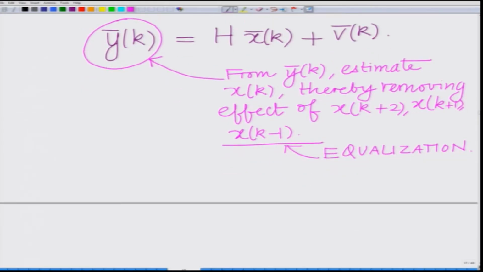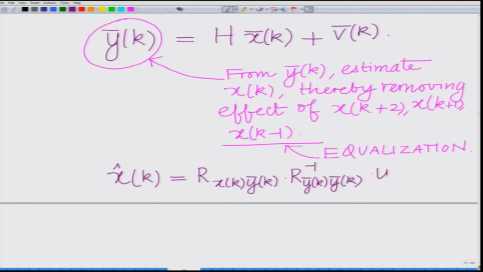Naturally, the LMMSE estimate, or the LMMSE equalizer, is given as, we already know this, x hat of k equals R_{x_k ȳ_k}, the cross covariance between x_k and ȳ_k, times R_{ȳ_k} inverse, the covariance matrix of the observation vector, times ȳ_k.